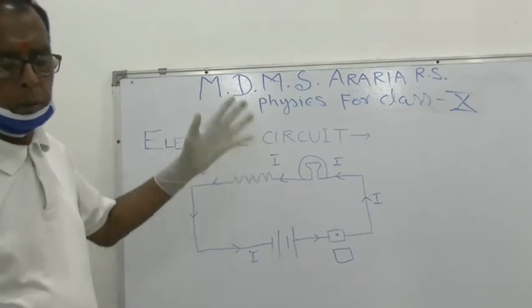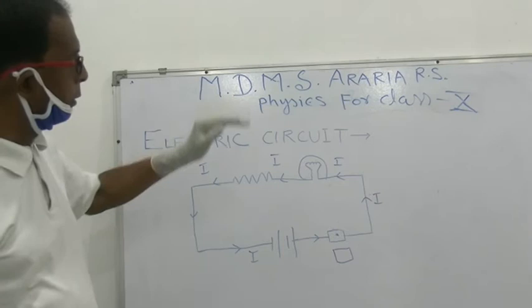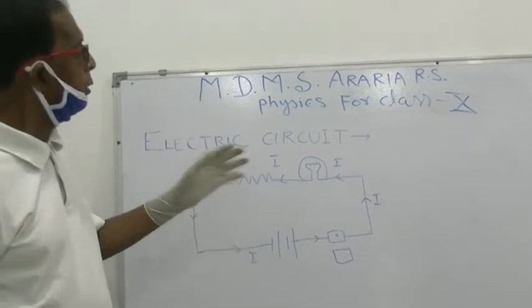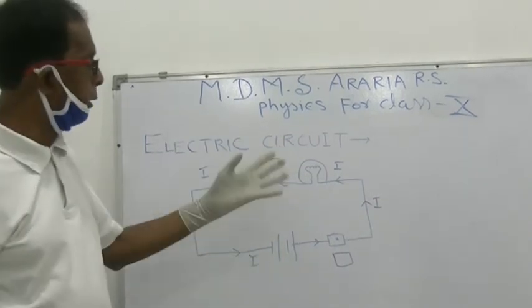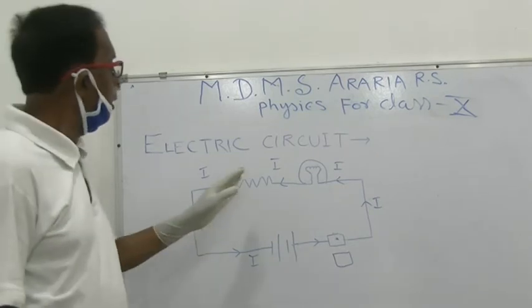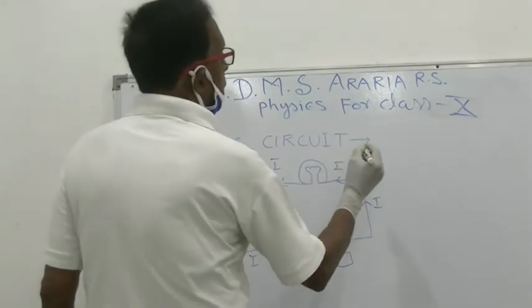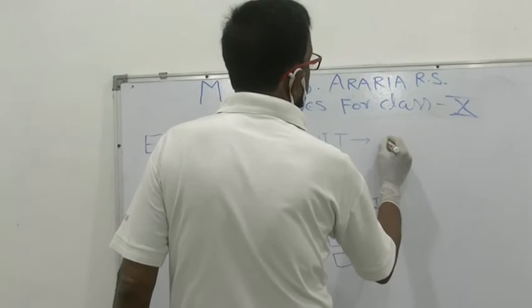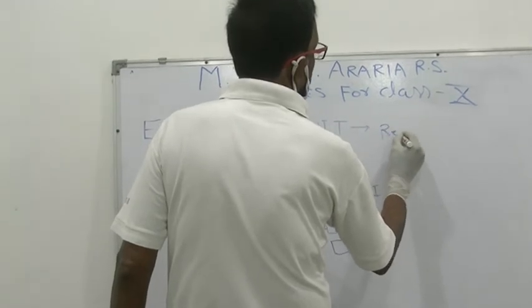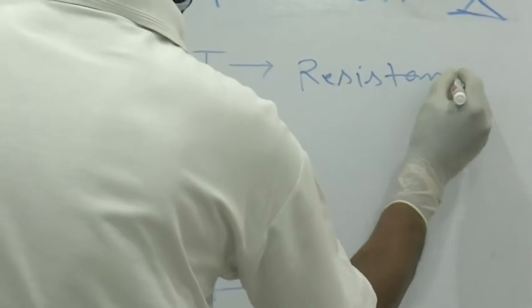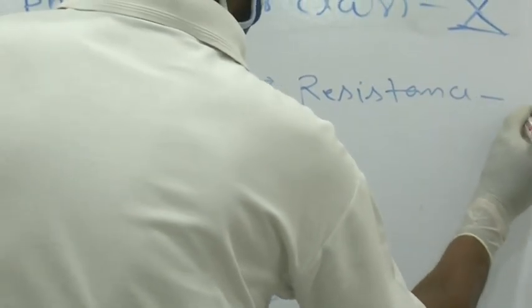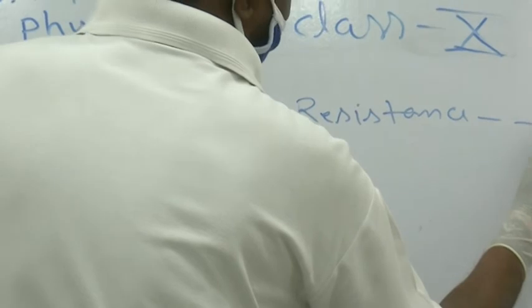Yes, some symbols I am representing here are used in physics. Here, first, resistance. The diagram symbol of the resistance is this.